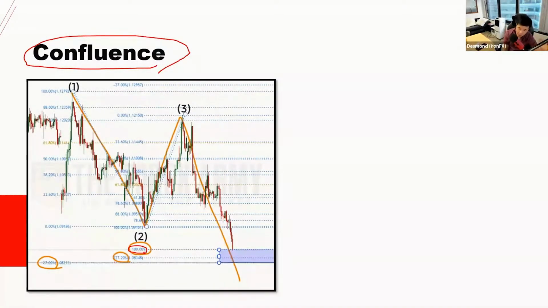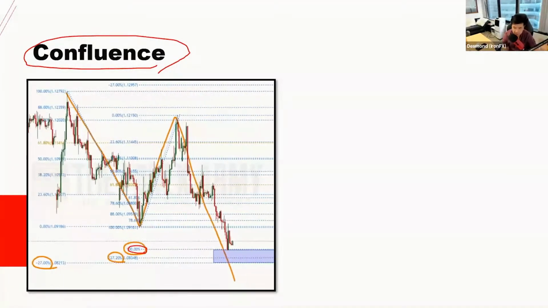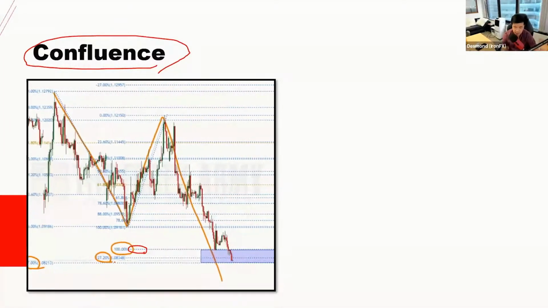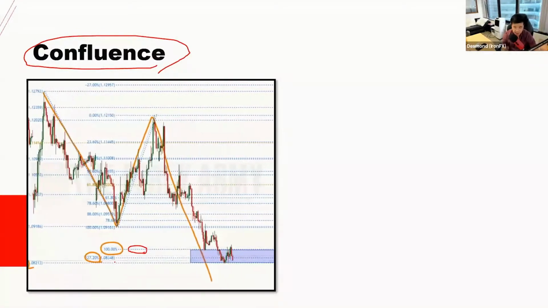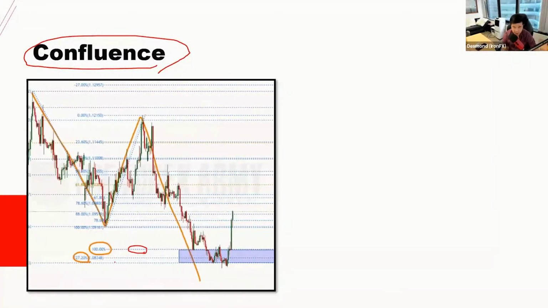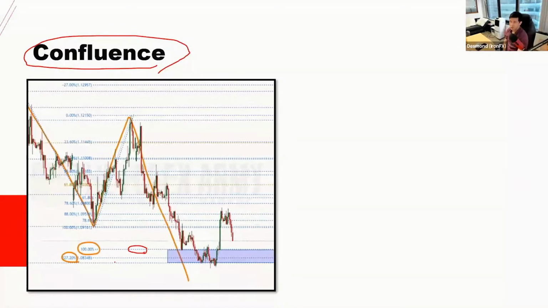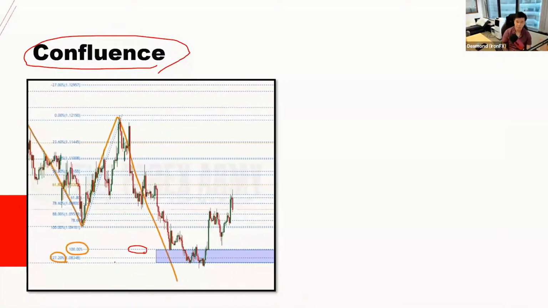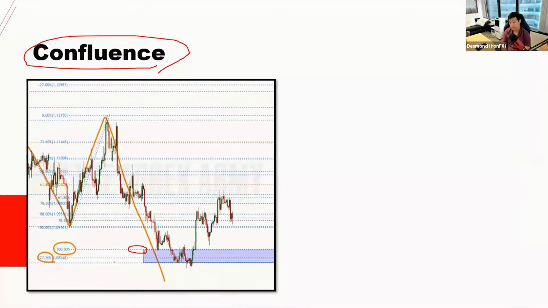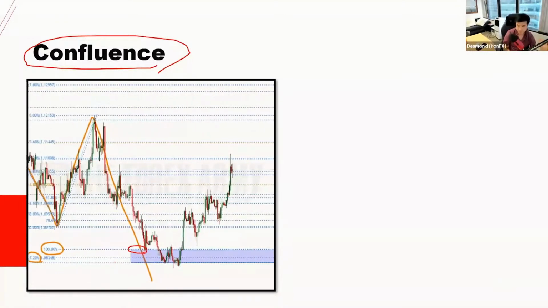So this is the meaning of confluence. You line all of them up together, it creates a nice area. And when price tests that level, it tends to reverse very nicely, because you have not only 1, but 2 and 3 reasons why price might bounce from that level.